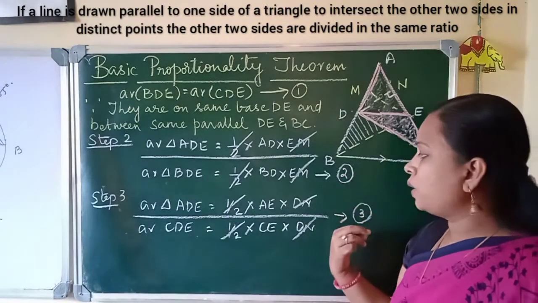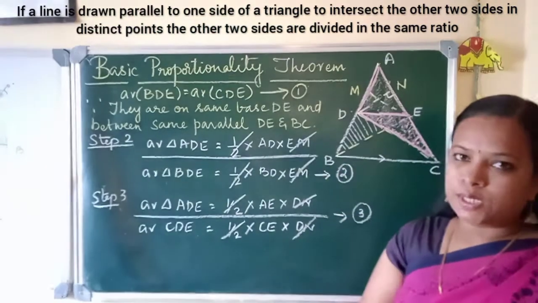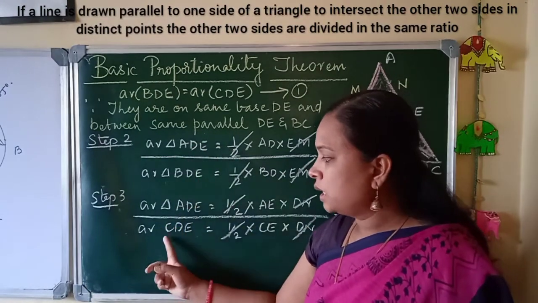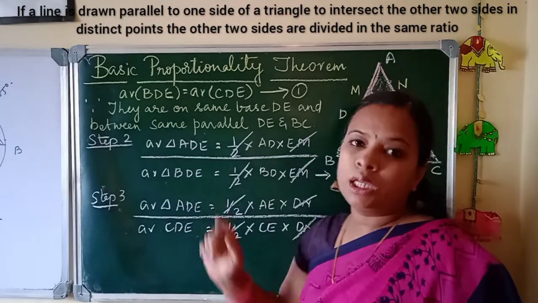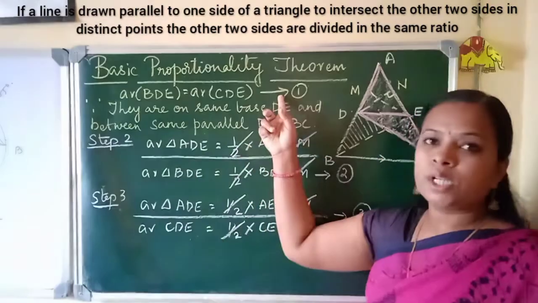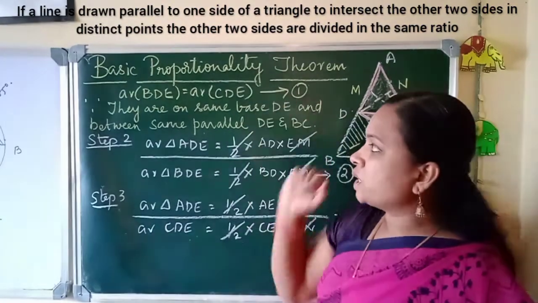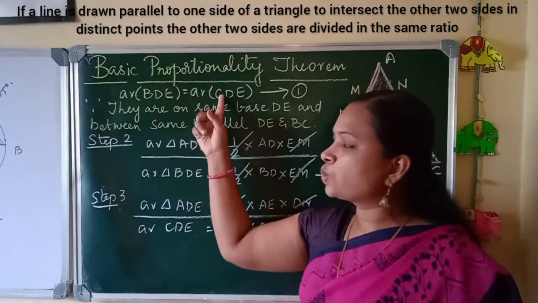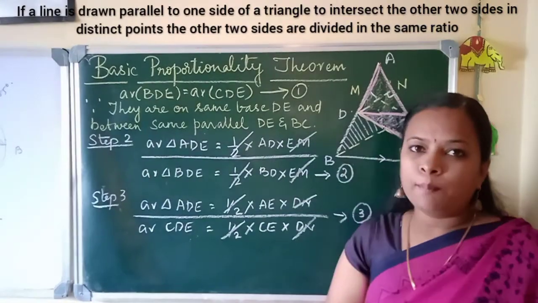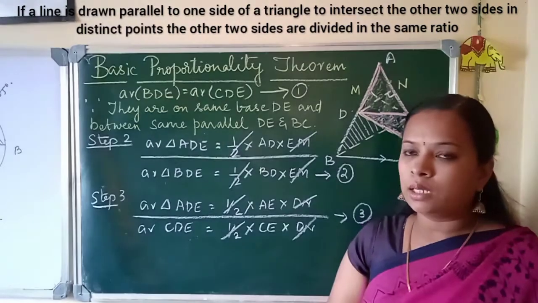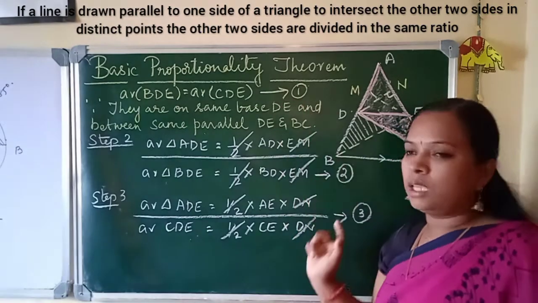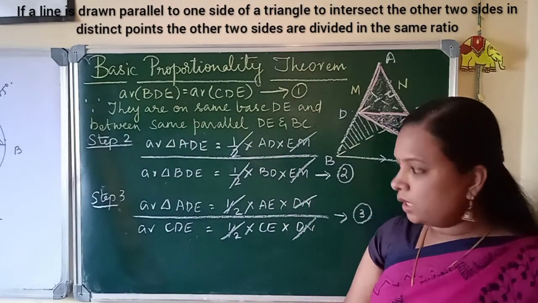When you are comparing only these two equations, ADE and ADE will get cancelled, but CDE and BDE will not get cancelled. That's the reason we require equation 1. In equation 1, we have proved that these two triangles are already equal because they are on the same base and between the same parallels. So now you have to compare all three equations to arrive at the result.